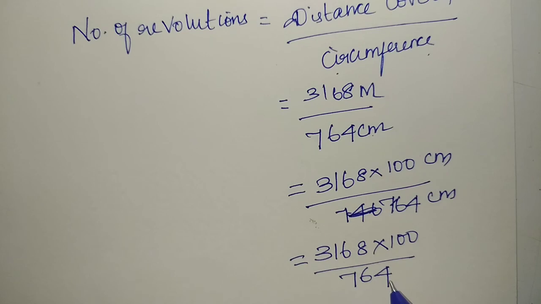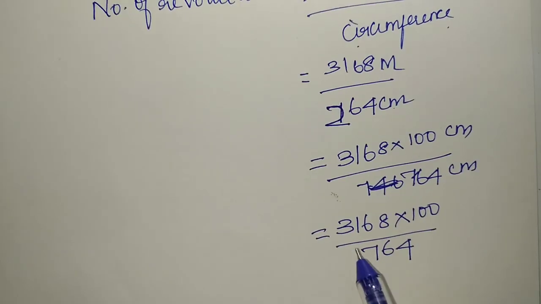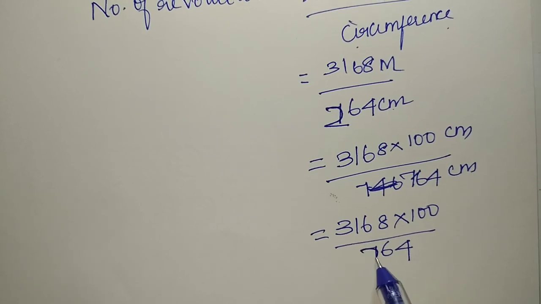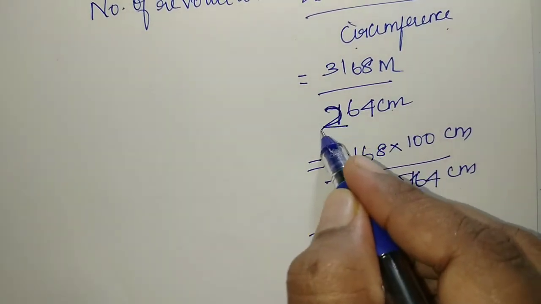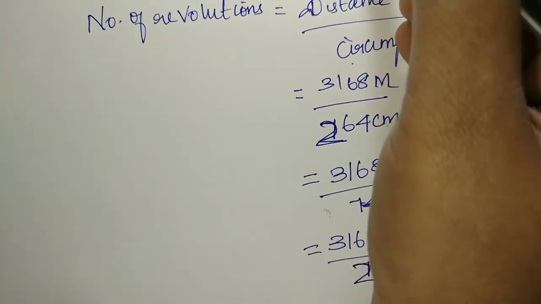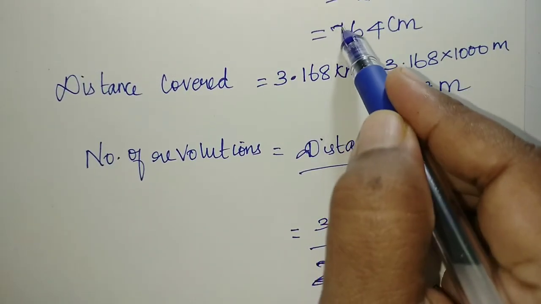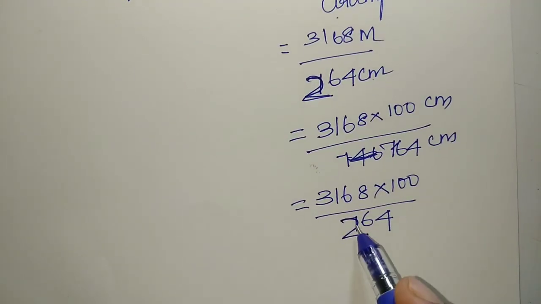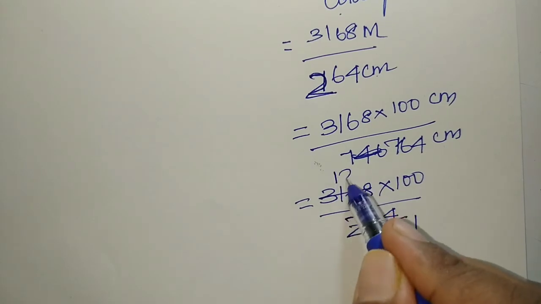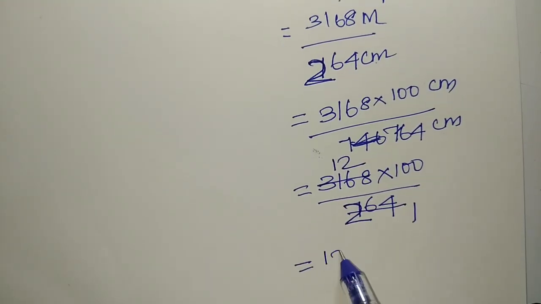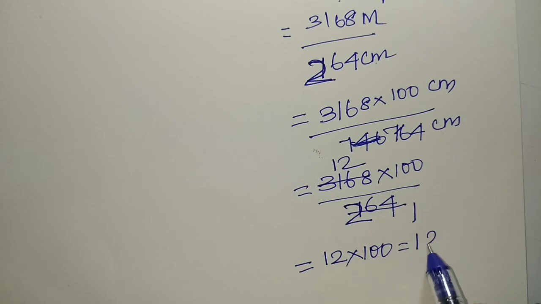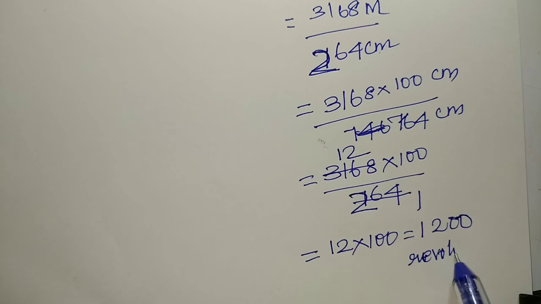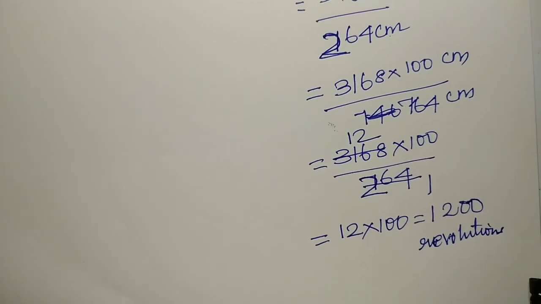You can cancel. 12 into 22 is how much? 264. So 264 goes 12 times, and 12 into 100 is equal to 1200 revolutions. This is the number of revolutions. So this is the answer.